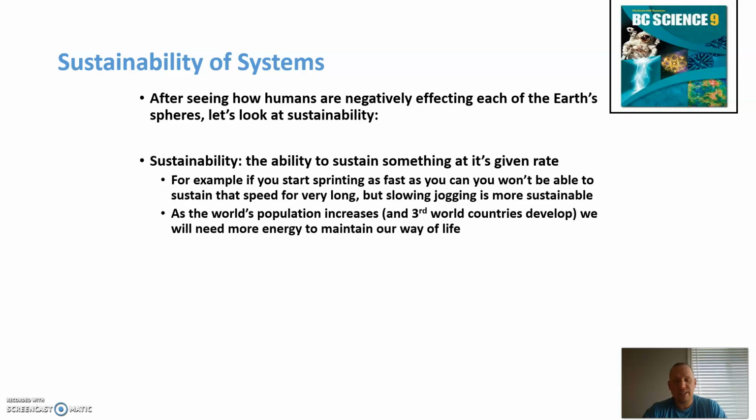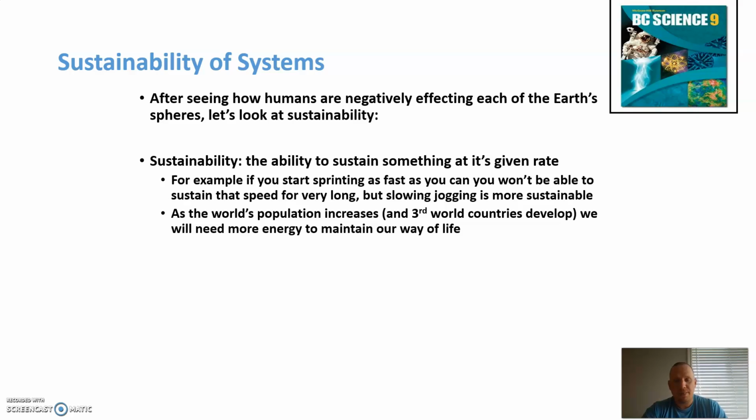So how sustainability applies to this unit is energy consumption. We use a certain amount of energy on the planet every year, and every year we need to use more and more because the world's population is increasing and third world countries are developing and they're needing more energy now.